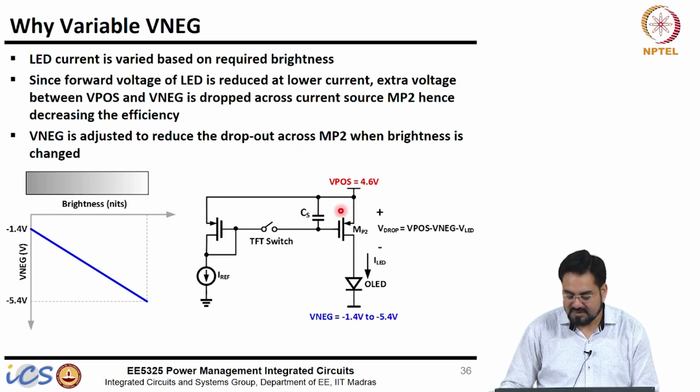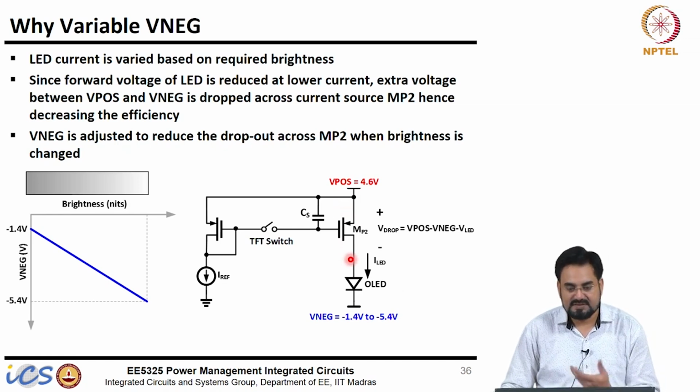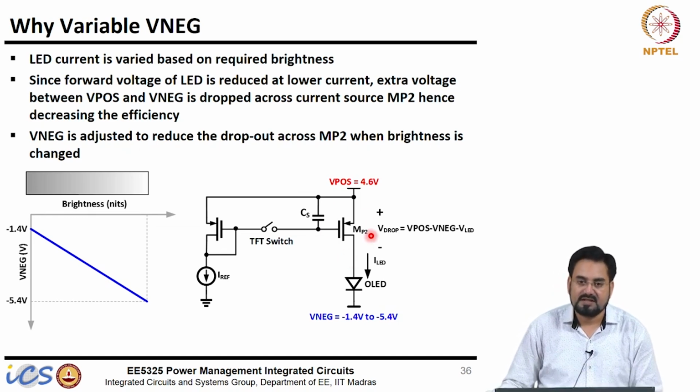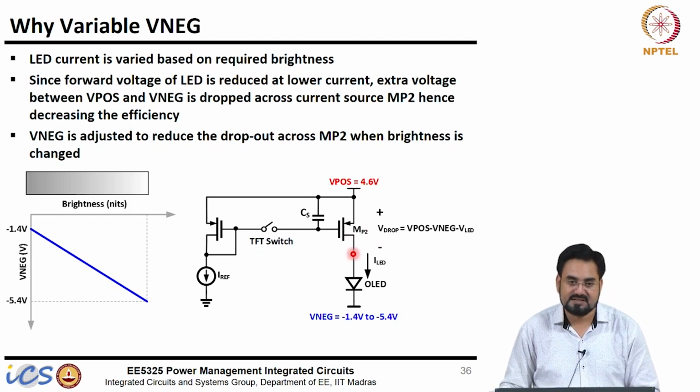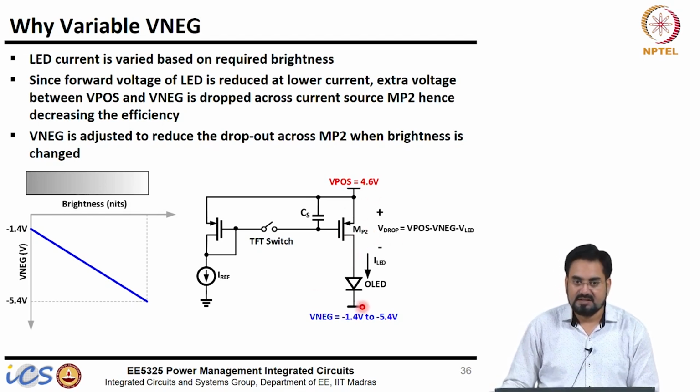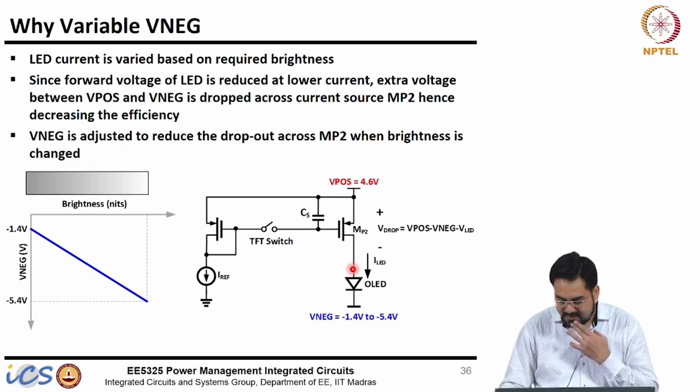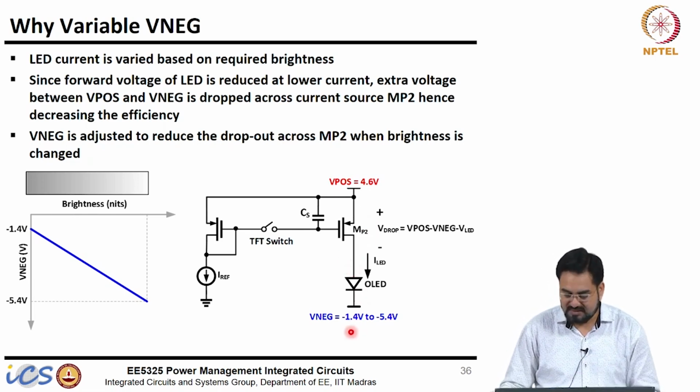So, the VDS across this MOSFET will increase, which means the dropout voltage is increased. If the dropout voltage is more, it will have higher losses, so it will impact your efficiency. That is the main reason. So, do not misunderstand: this voltage is not controlling the brightness; brightness is still controlled by the current.